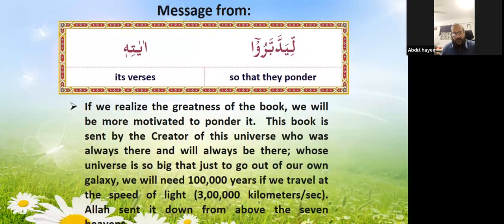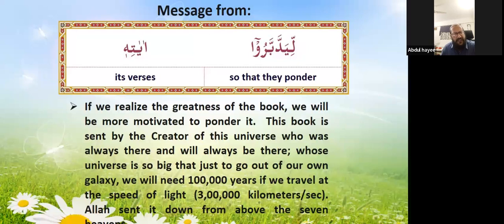Whose universe is so big that just to get out of our own galaxy, we would need 100,000 years if we travel at the speed of light, meaning 300,000 kilometers per second. See how huge the universe is. And who is maintaining it?